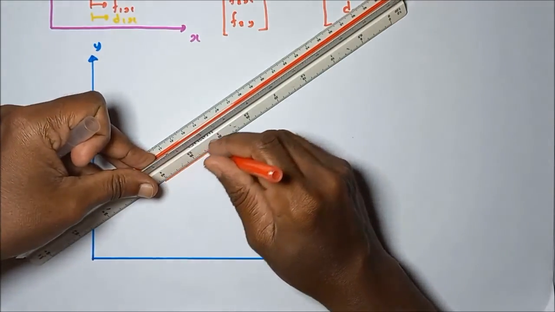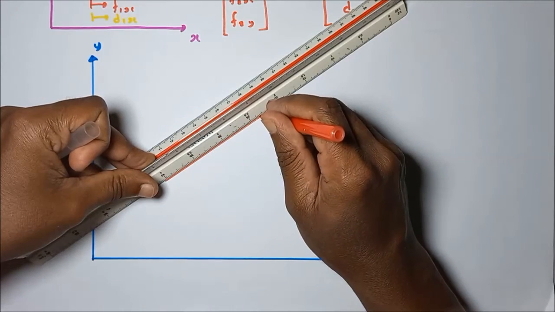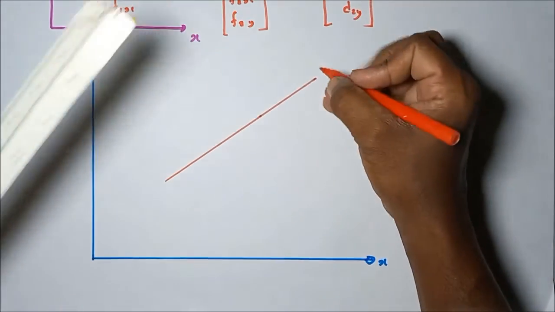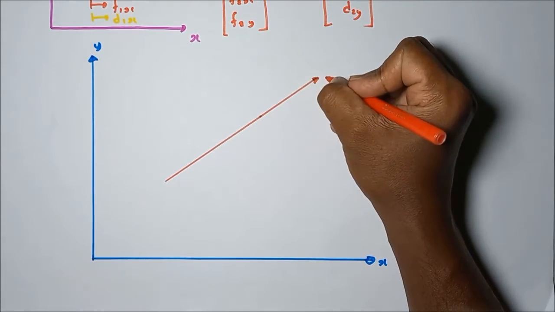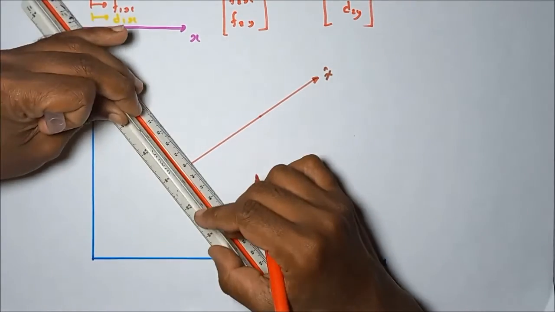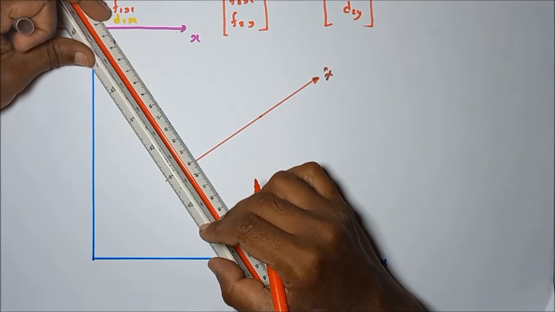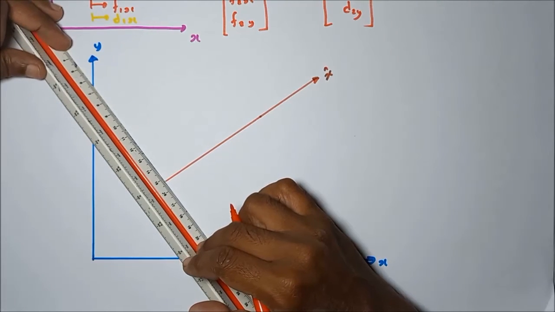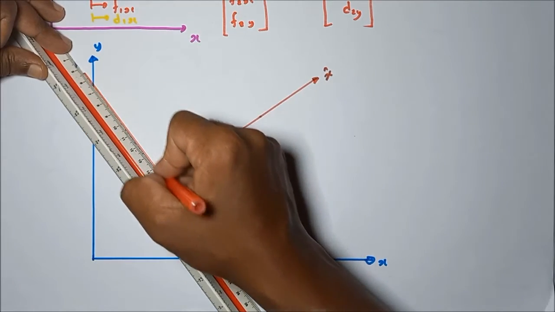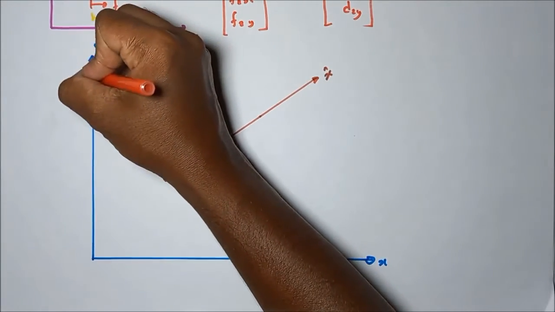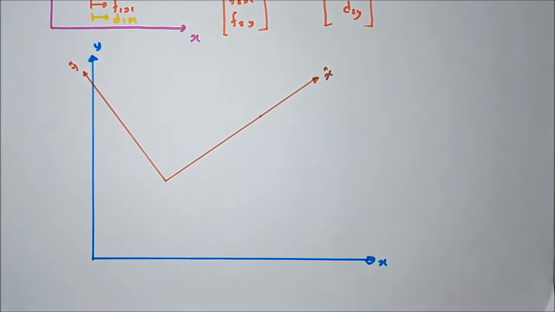This is the local coordinate system we assign according to the orientation of the element. Let's take the x hat in a perpendicular direction, and the y hat.